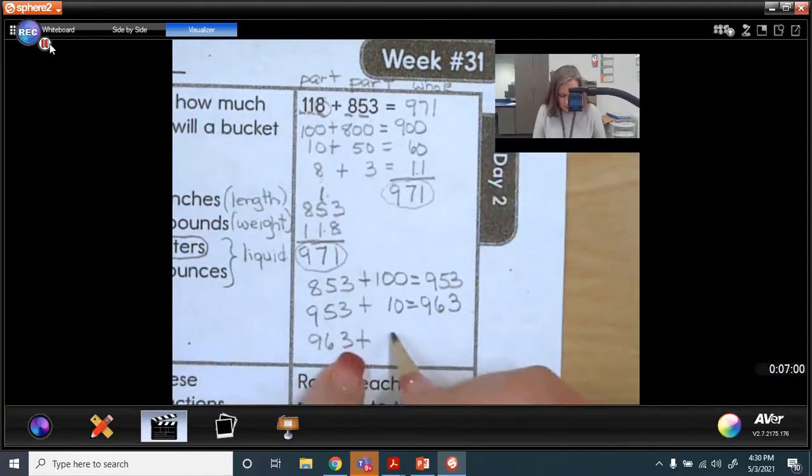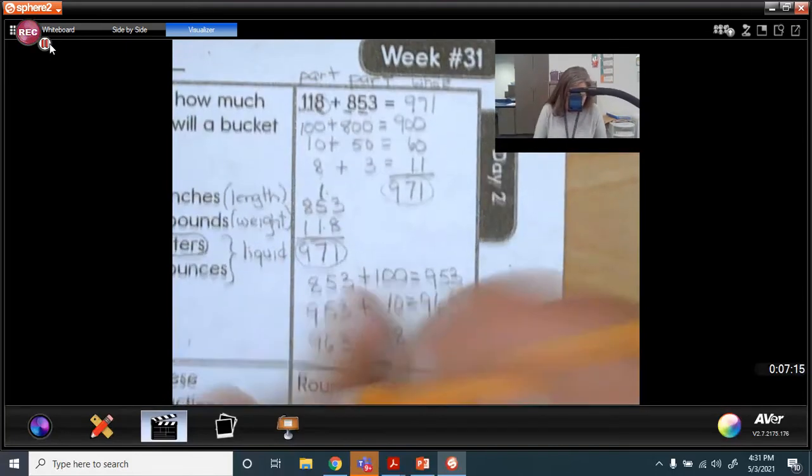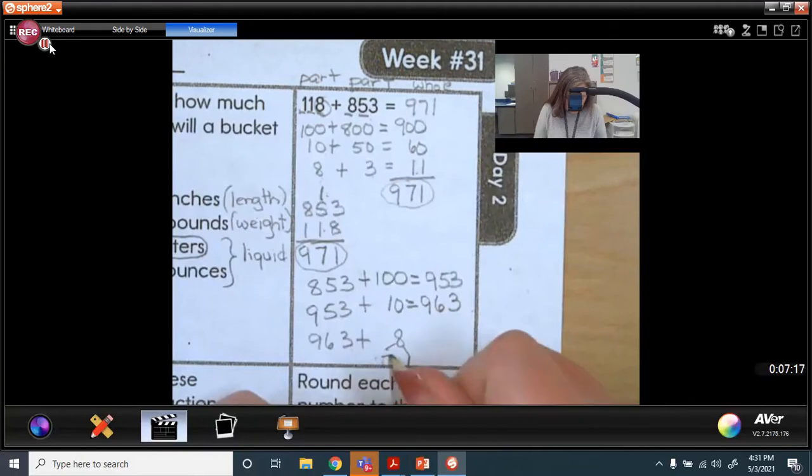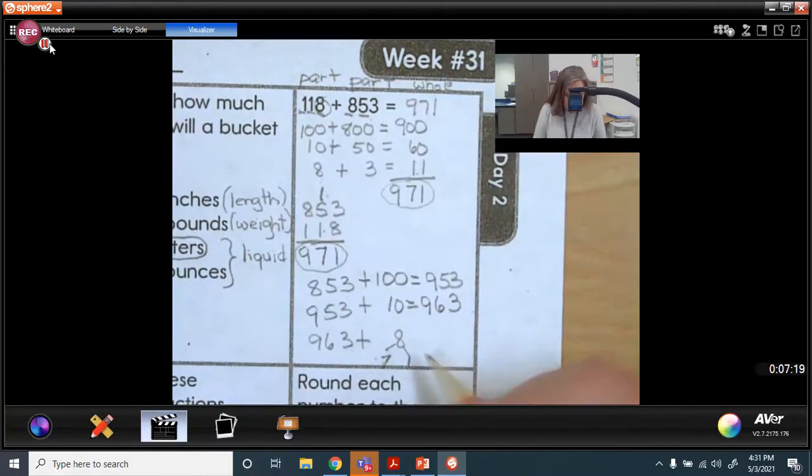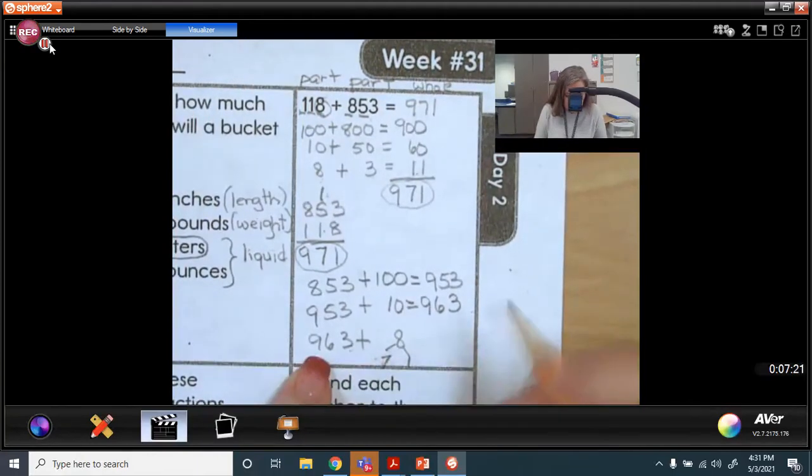If I add on 7, that would make a new 10, which would be 970, and then one more. Oh, sorry, 7, not 6. 7 and 1 makes 8. So I'm adding 7 more to make the 970, plus 1 more is 971.